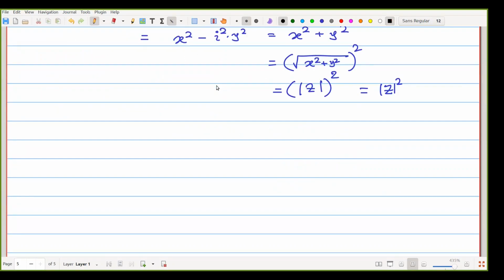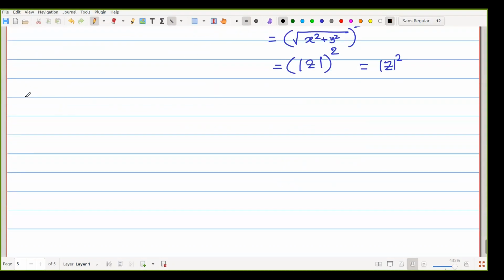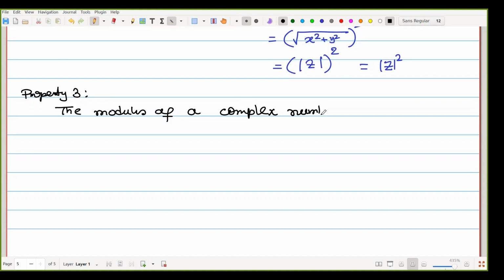Third property, property 3: the modulus of a complex number and its conjugate is the same.